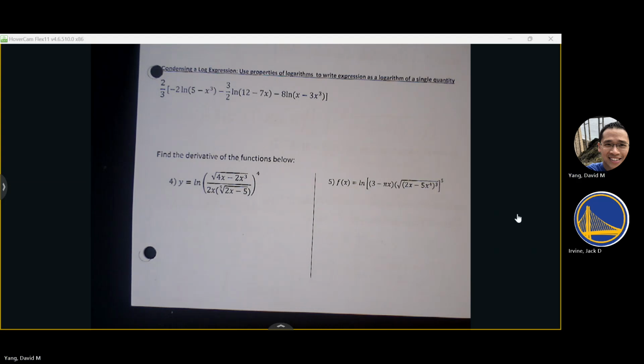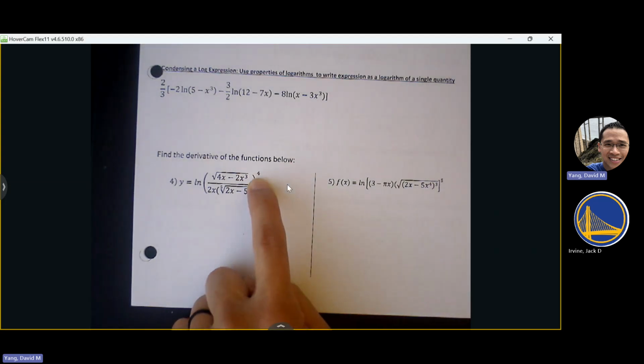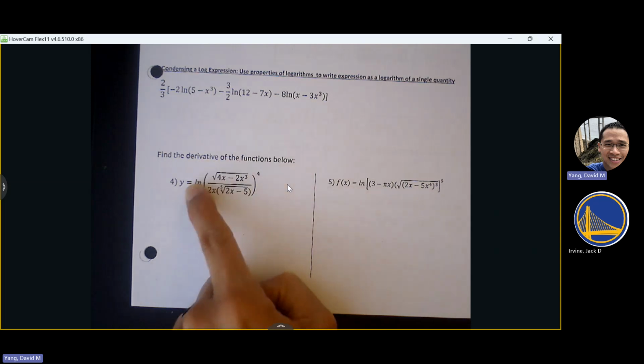Okay, so quite a bit to expand, but we can think of this as A, B, and C. We can pull the 4 down in front first.